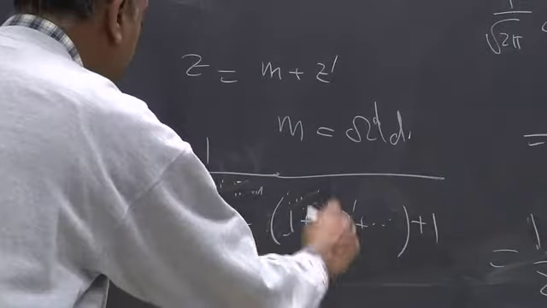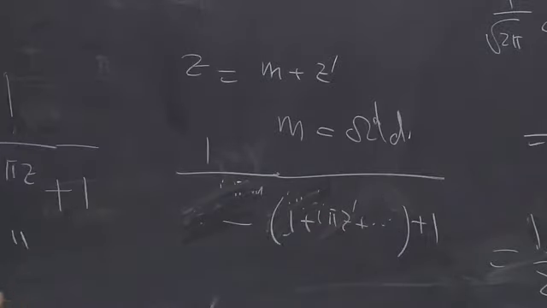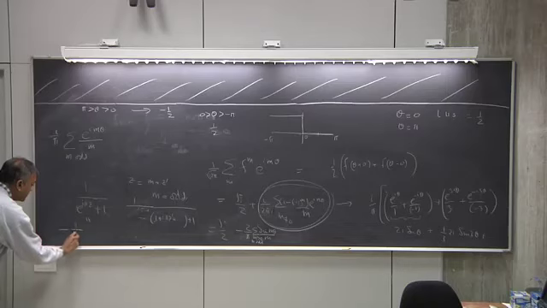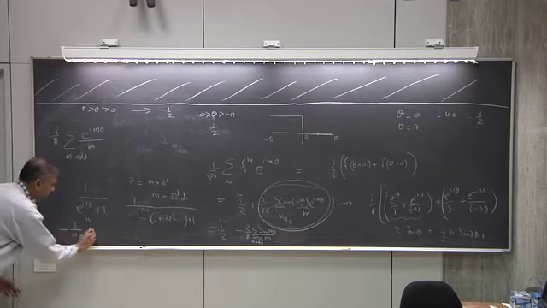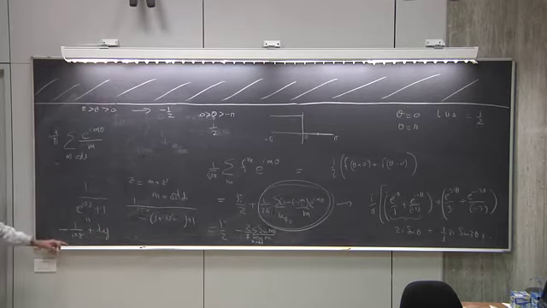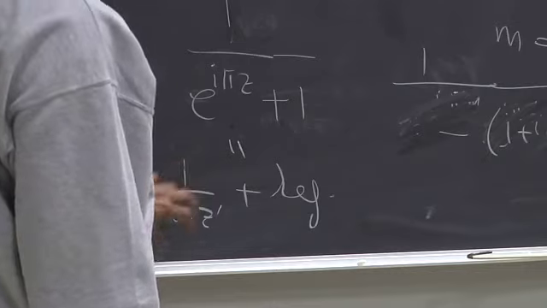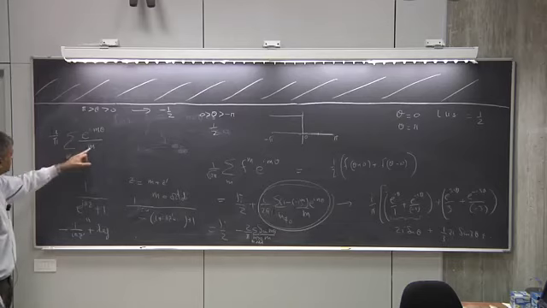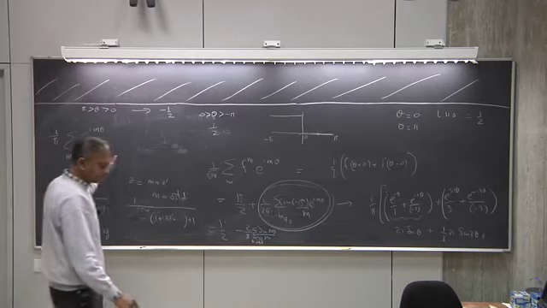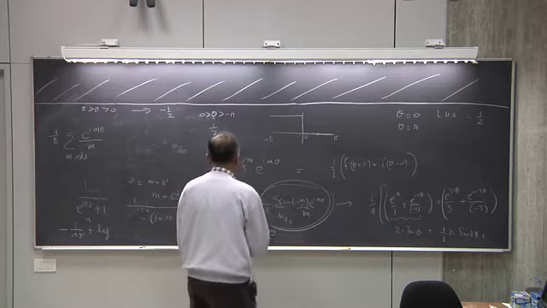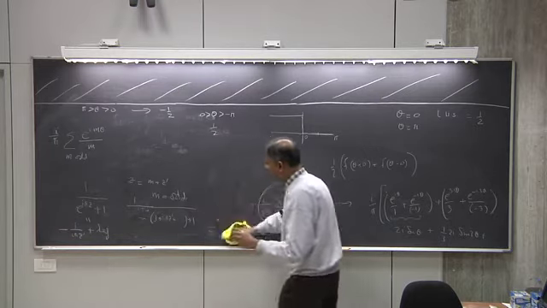And what we find is that this behaves like minus 1 over i pi z prime, the leading term. That's the leading singularity term, plus regular terms. But the singularity is this. Okay, so I have this one here, and I want to now reproduce the full residue here, which should be this.